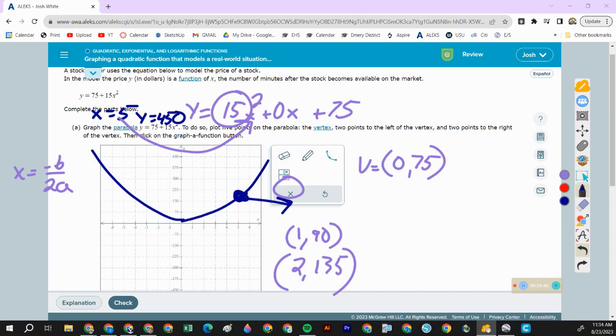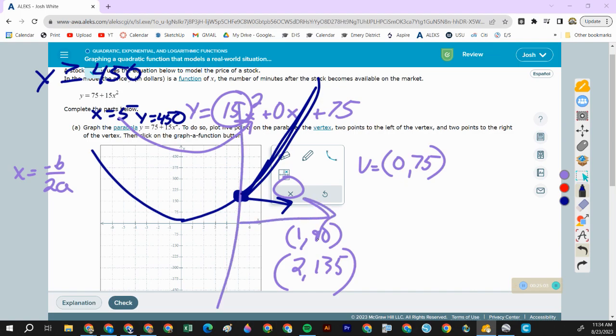Okay, so what is the y going to look like after x equals 5? Y will be greater than or equal to 450 because the graph is going up. So from here over, the y value is going to be from 450 and up. Does that make sense? Okay.